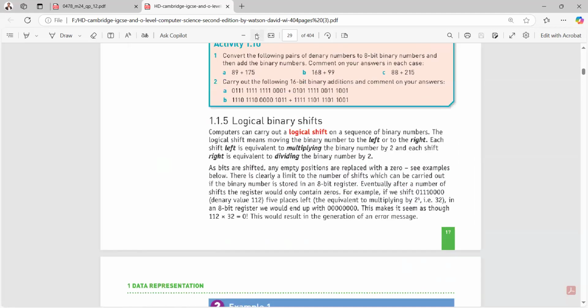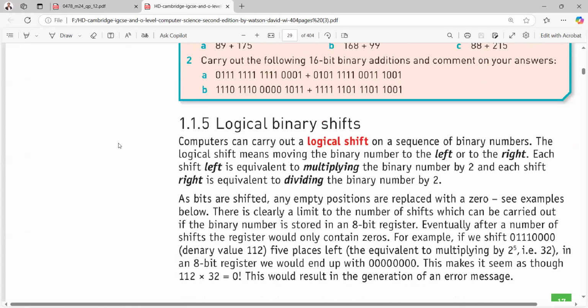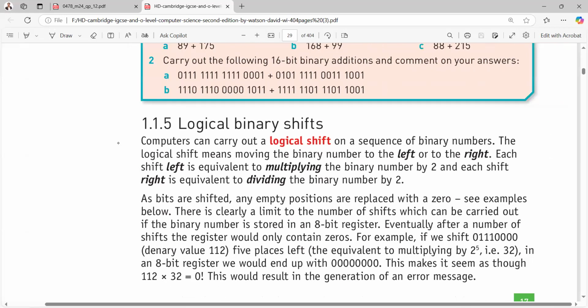Okay, so this here it is. Computers can carry logical shifts on a sequence of binary numbers. The logical shift means moving the binary to the left or right. Now, each shift left is equivalent to multiplying the binary number by 2.